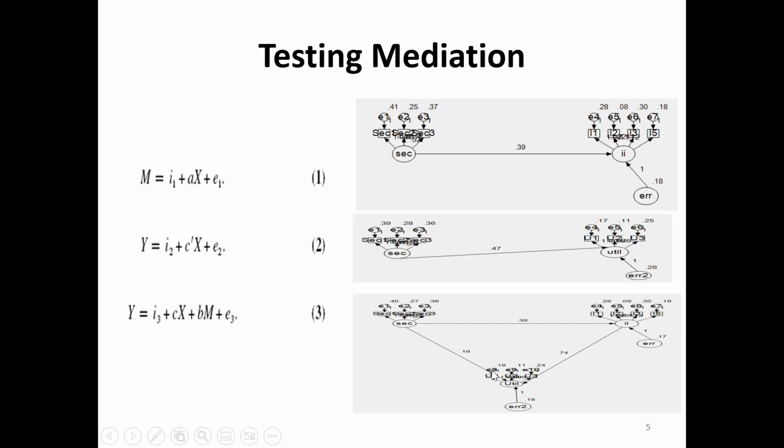In the third equation, if it is not significant, then there is a full mediation. The partial mediation is our case, where the direct path is significant, and both the paths are significant, but you can see the value of the direct path has come down from 0.47 to 0.18 because there is a mediator present.